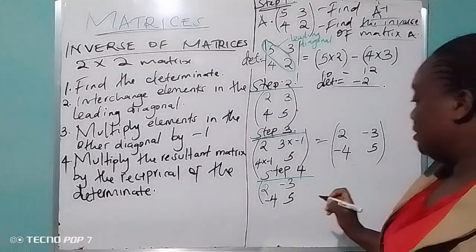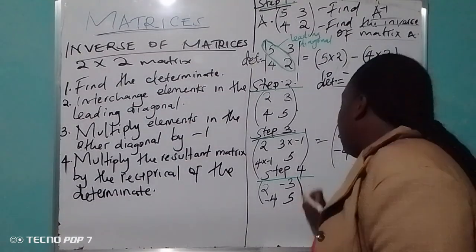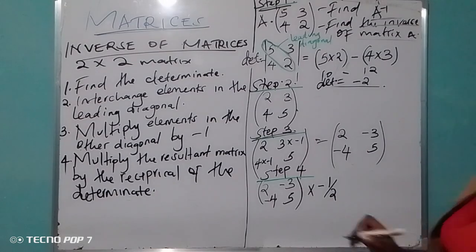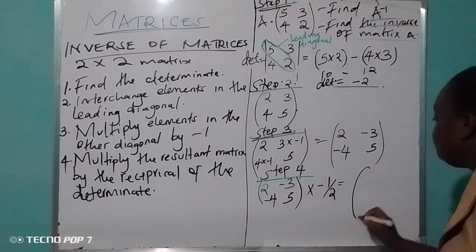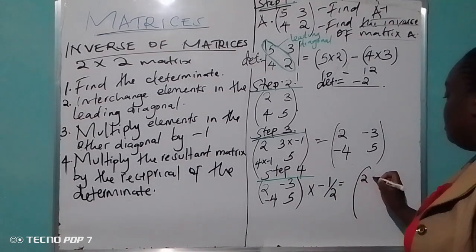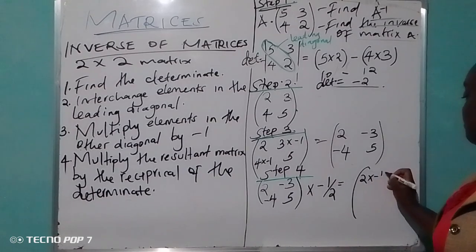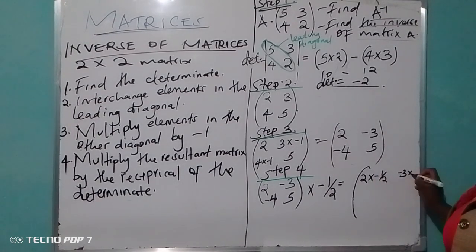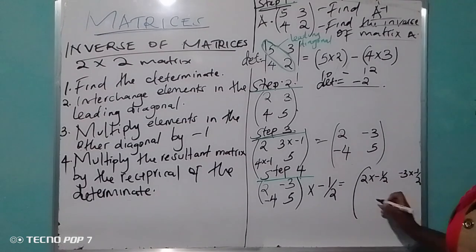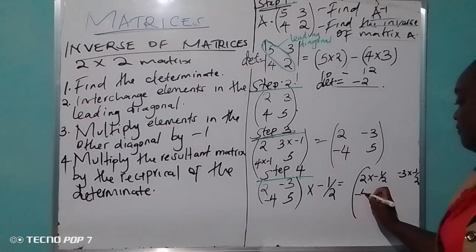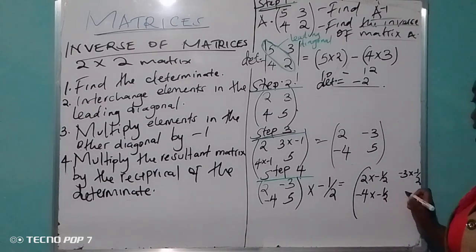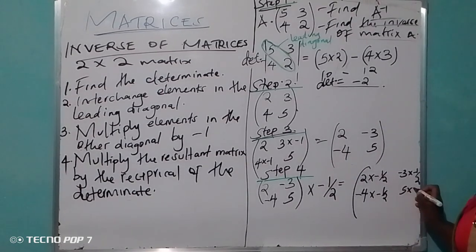So we multiply by -1/2. So it will be 2 times -1/2, -3 times -1/2, -4 times -1/2, and 5 times -1/2.